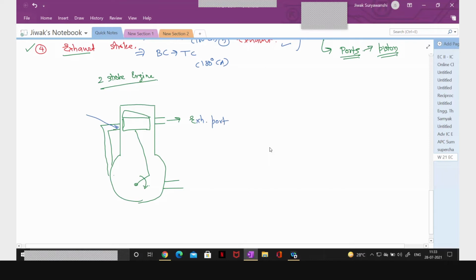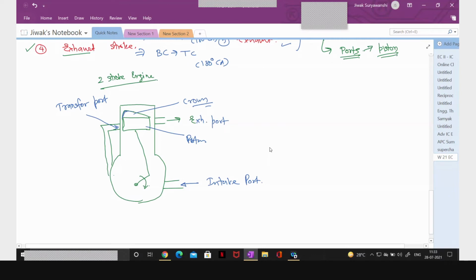Okay, and this is the piston. Now this piston has a crown like this. We are making the crown like this so that it will deflect the fresh charge.